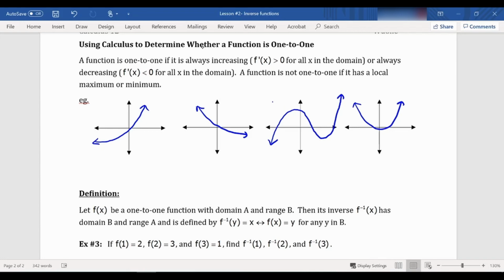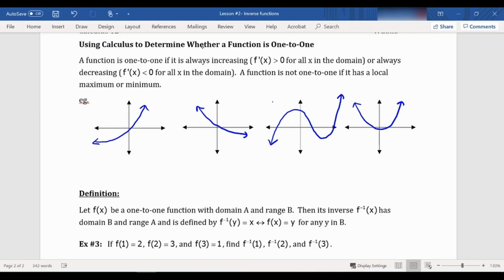So always increasing would mean no matter where I draw a tangent line, the slopes of all those tangent lines are positive. So f prime is bigger than 0 for all x in our domain. If it's always decreasing, your f prime would be less than 0 for all x in your domain. Okay. So if I take a look at all these functions, these are all f.